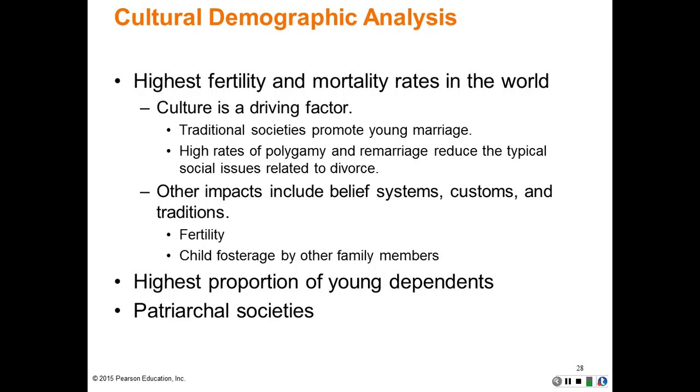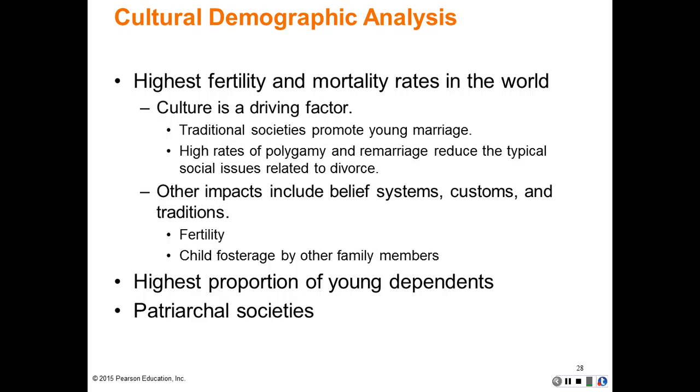In order to support the populations, as we had mentioned before, the children are often fostered by other members of the family, especially some of the older members of the family who may not be able to do as much physical labor as some of the younger adults are able to do. Yet the younger adults are the ones who are reproducing and creating more children, but they're the ones who have to do the work.